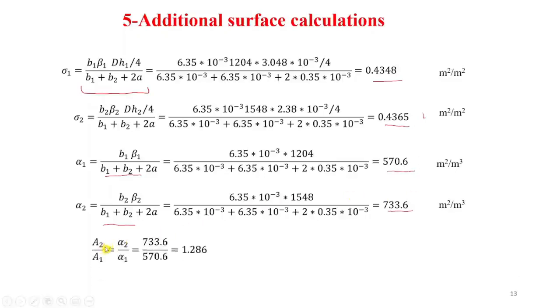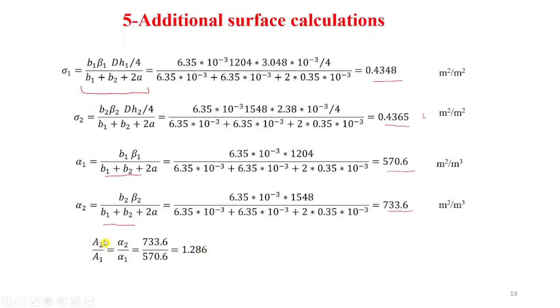If you would like to find the ratio, the heat transfer area of side 2 divided by the heat transfer area of side 1, which is just alpha 2 divided by alpha 1. We found alpha 2 and we found alpha 1, so the heat transfer ratio, which is needed actually in calculation of the overall heat transfer coefficient, is going to be 1.286.